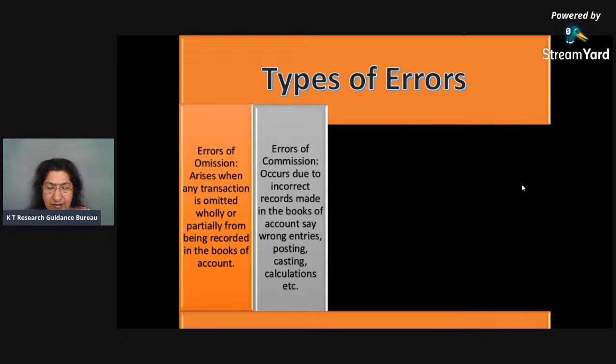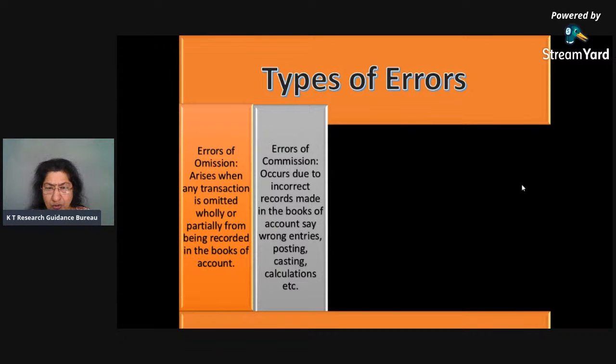In calculation, the chances of errors right now are very few, because the majority of companies use a computerized accounting system, and so far as a computerized accounting system is concerned, calculation errors generally never happen.